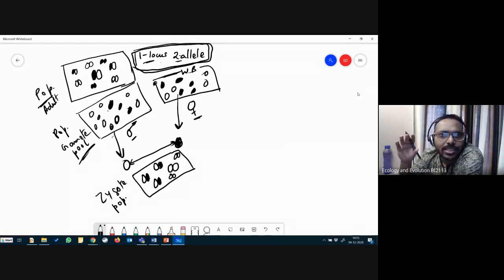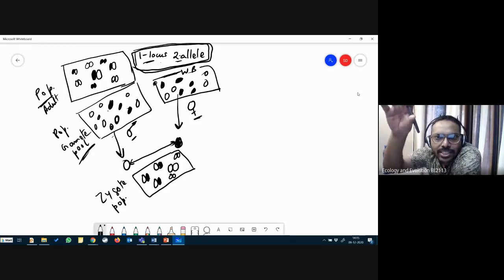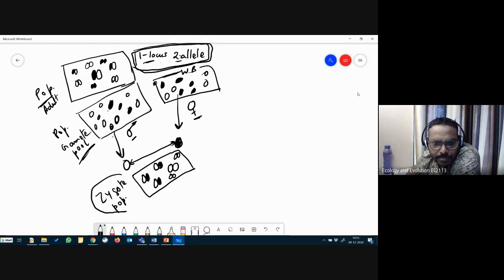All that we are saying is you have a bunch of coupled balls in the parental generation, you have a bunch of dissociated balls in the next generation, in the gamete pool, and then to form the next generation, just draw from the male gamete pool, the male bag, just draw from the female gamete pool, the female bag, and then put them together to get the zygotes in the next generation.